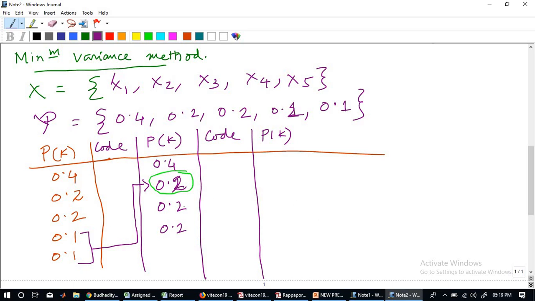So here, the last two we again have to consider. Okay. So again, if I consider this 0.2 plus 0.2, it's 0.4. But since it's a minimum variance method, we will put the resultant value on top of the existing 0.4. Right?